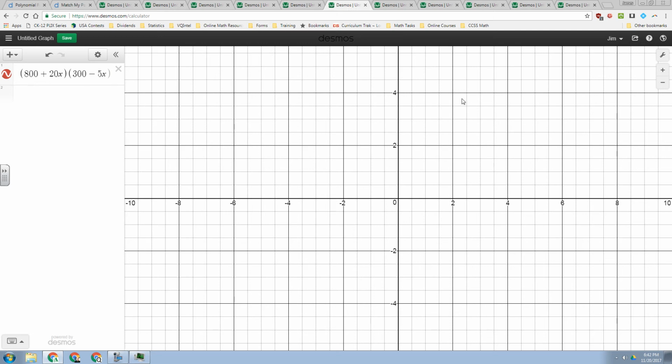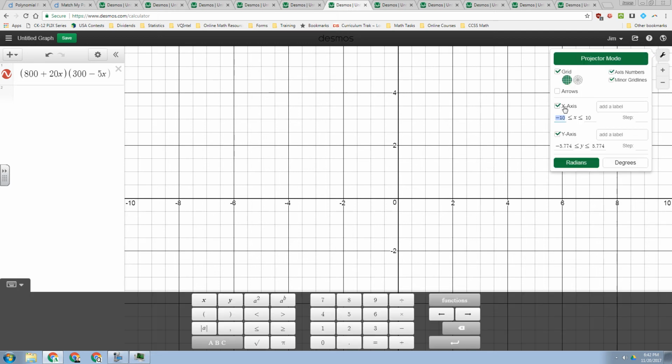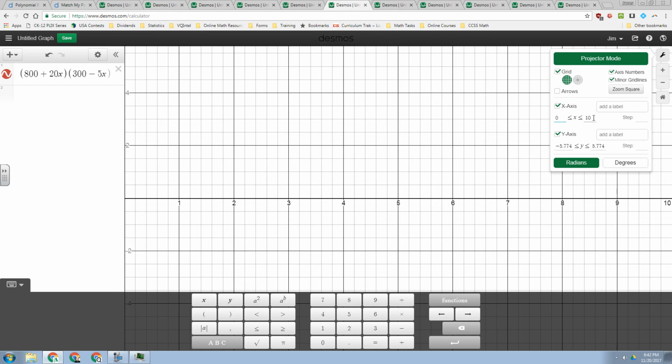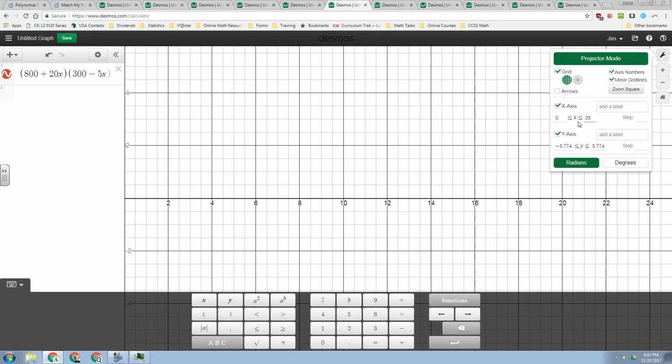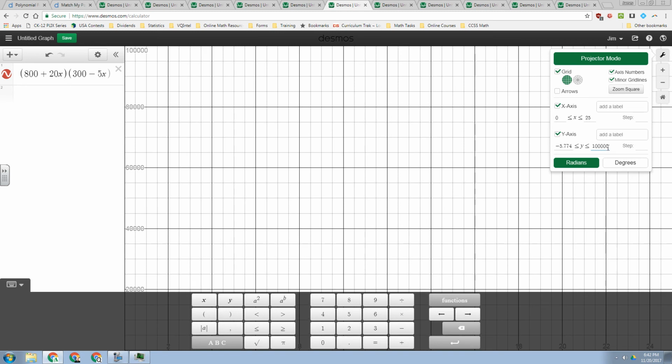Now the question is, find a graph for rent levels between 175 and 300. That is x equals 0 to 25. So I'll set 0 for x min, 25 in for x max, and let's play around. Let's make it 100,000, 10,000, and so on.